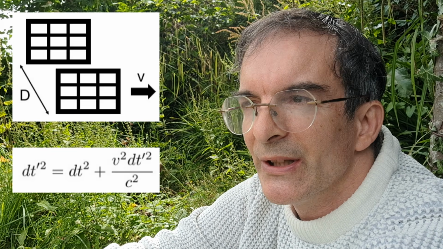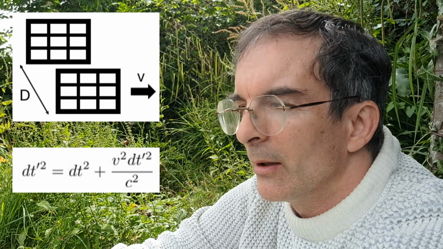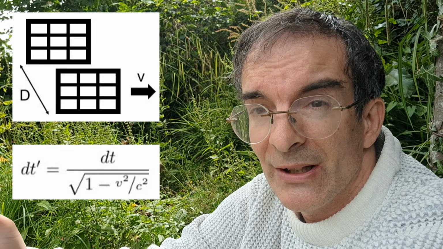So maybe you can see the similarity to relativity. It's a derivation which is subtly similar. There's this same Pythagorean diagonal in there, but now we have a mechanism for it. That is the difference here. So what you end up with, if you rearrange this formula, is the special time dilation formula for special relativity.